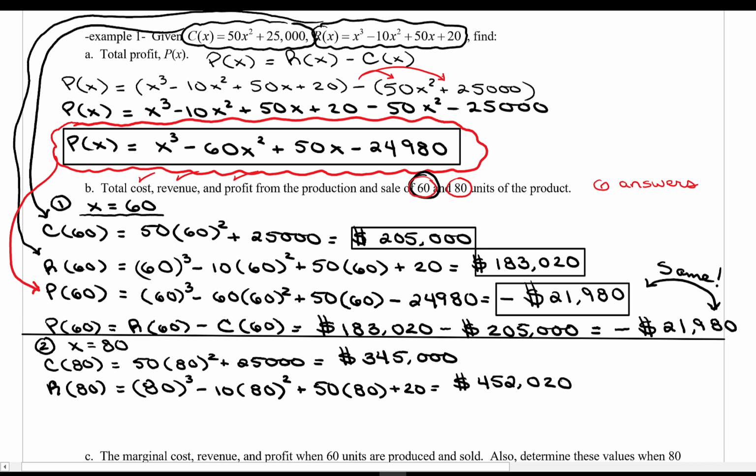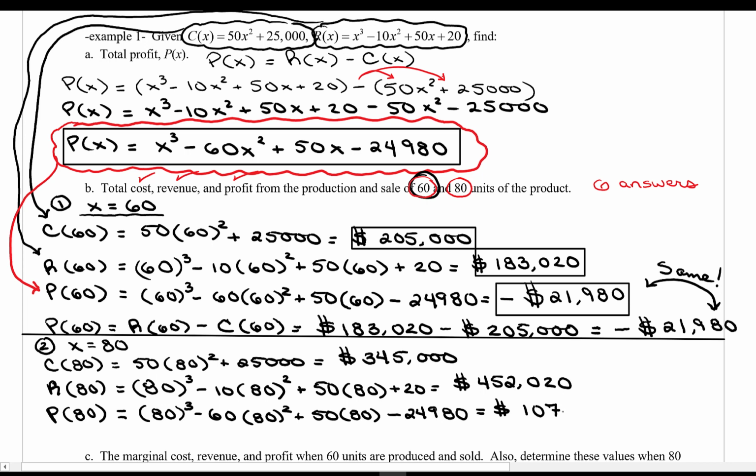P of 80 is going to be equal to 80 raised to the third power minus 60 times 80 squared plus 50 times 80 minus 24,980. This is going to be equal to $107,020.